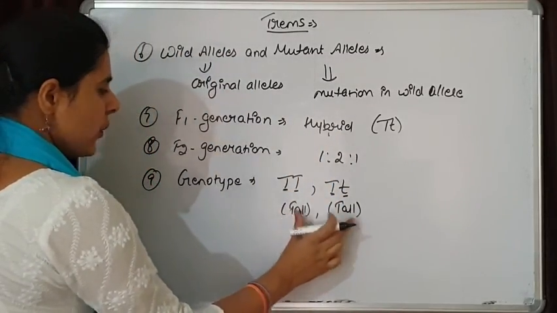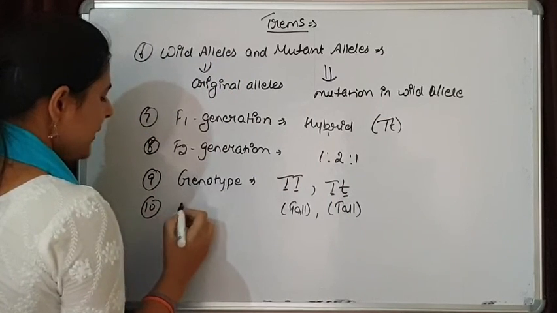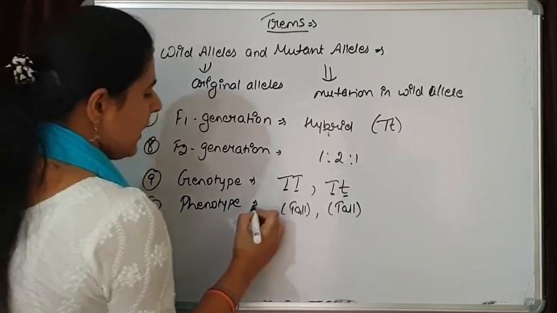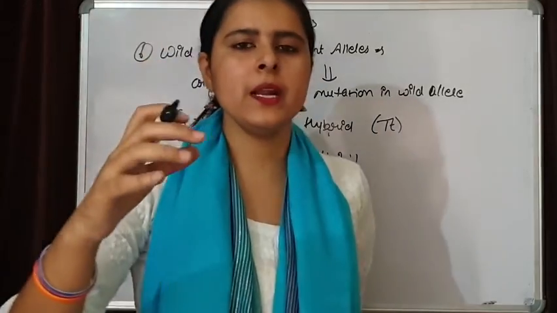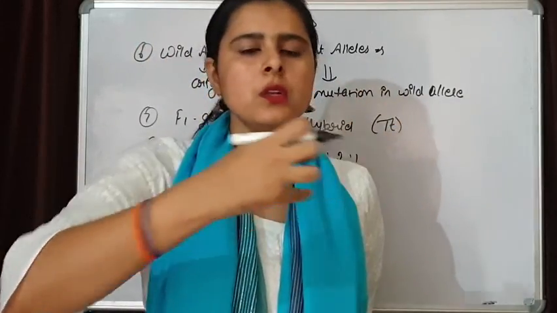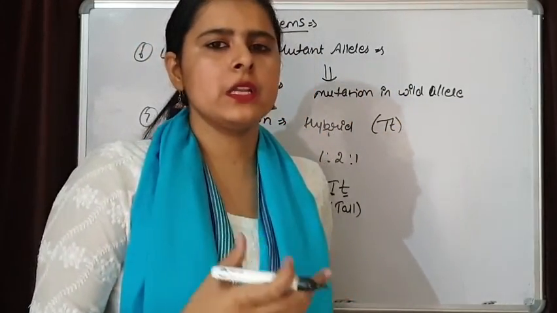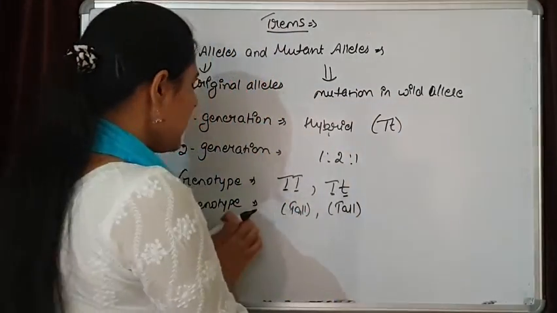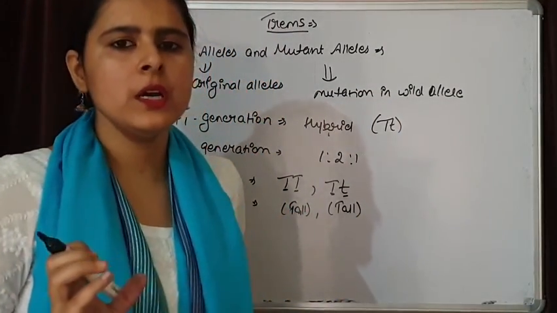What I have written over here, the tall height of the plant, that is the phenotype. When we see a plant, how the plant appears to us, whether tall or dwarf, whether the flower color is white or purple, whatever we are able to see, that gives us the phenotype of the plant.